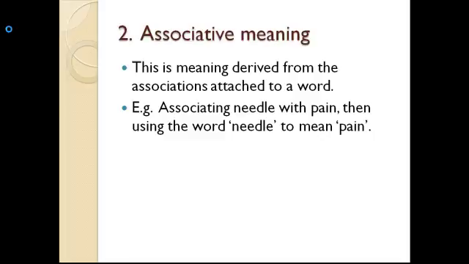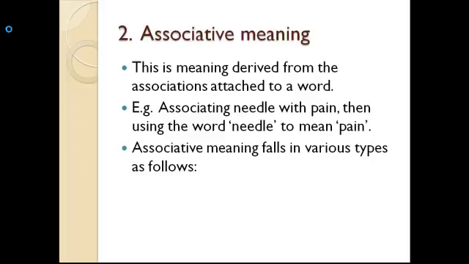Obviously not. What it means there is, be careful, the one you're with is dangerous. So you can see that we are able to derive the meaning by simply looking at the association attached to a particular word. And so meaning that is going to be derived in this way is what we're going to call associative meaning.